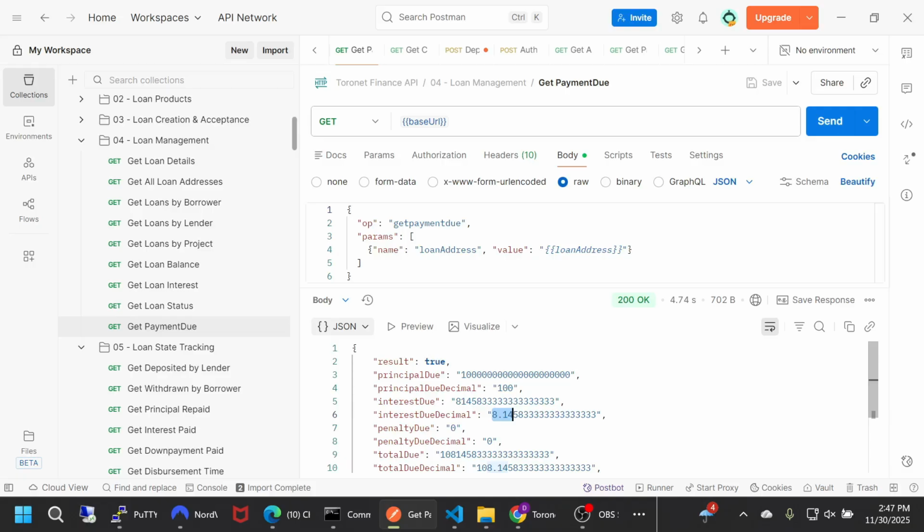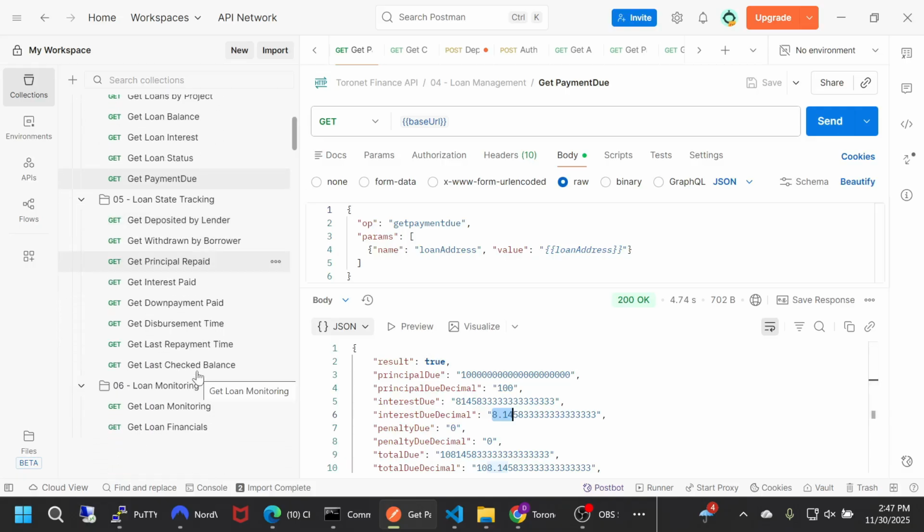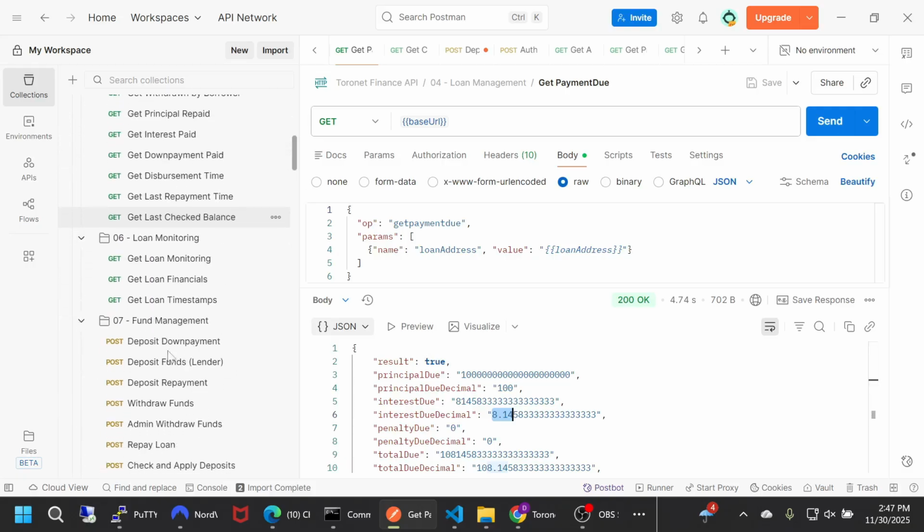There should be, if it's more than 30 minutes since the payment was due at the end of the hour, based on the grace period, there should be some late fees due. Let's go check that. We can check the loan timestamps just to make sure we are in the right zones.